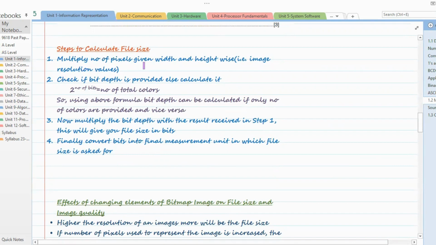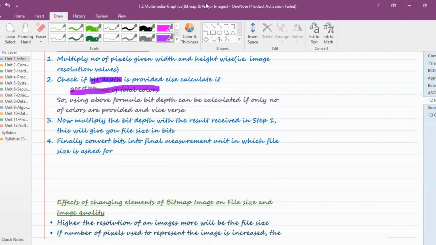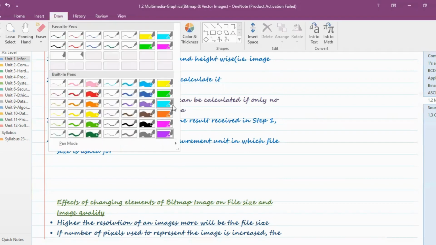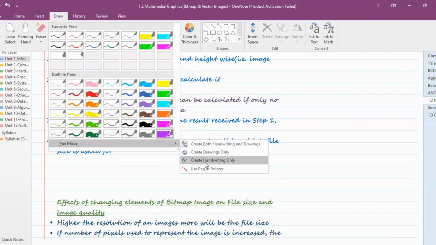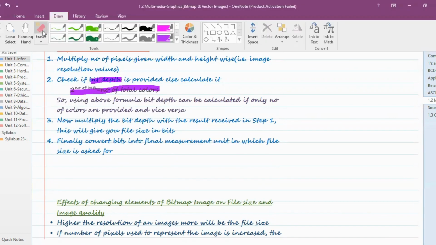Then you have to multiply that with the bit depth. If bit depth is not given, you have to calculate it using this formula, right? Once this is multiplied, you need to check what measurement unit they have asked you to give your answer in, whether it's kilobyte, megabyte, or bits only.